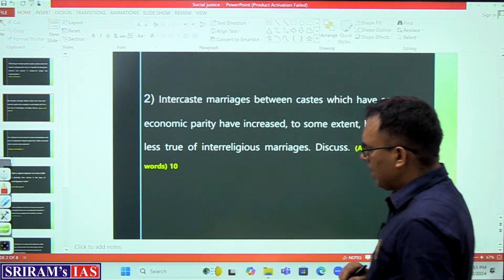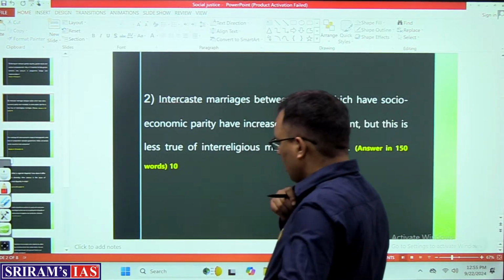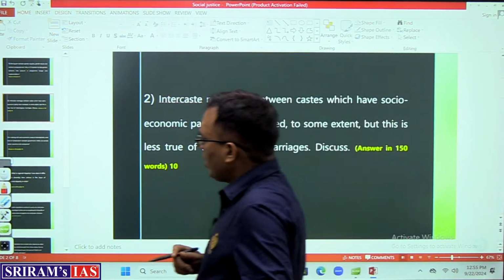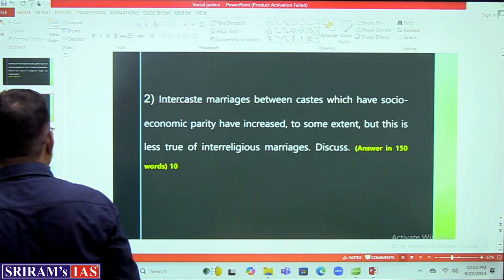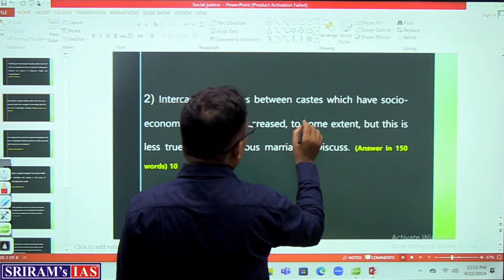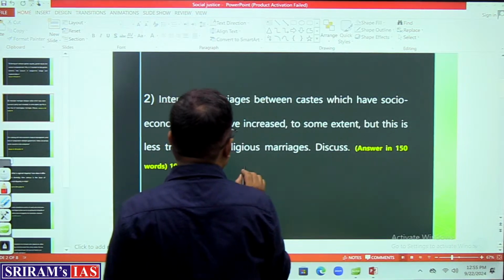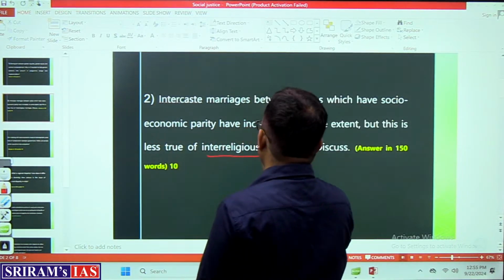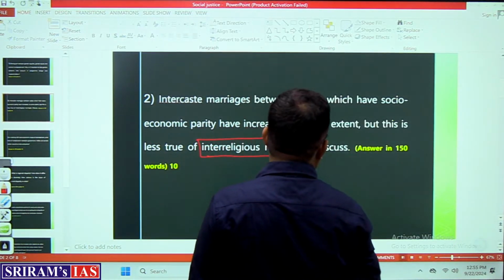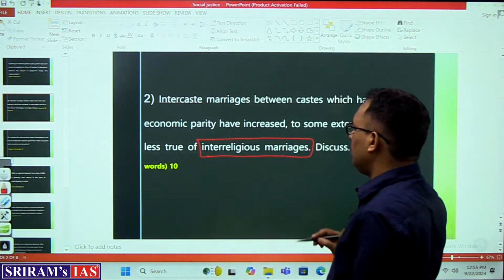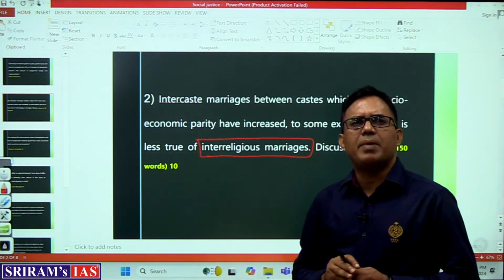Discuss this part. When we go for discussion of this part, two things are there. First, the main question is on interreligious marriage, carrying 10 marks.